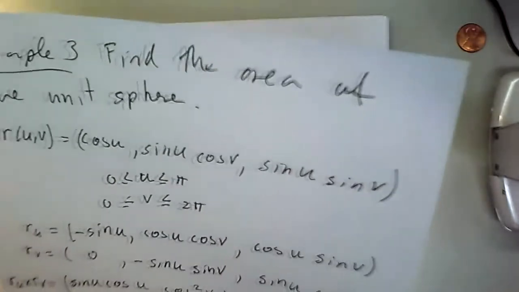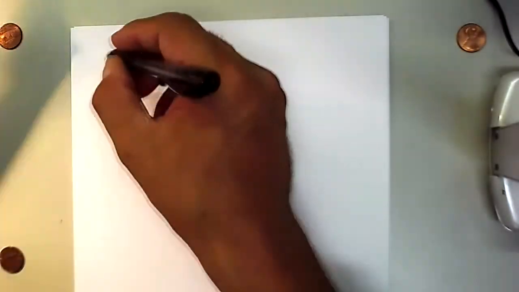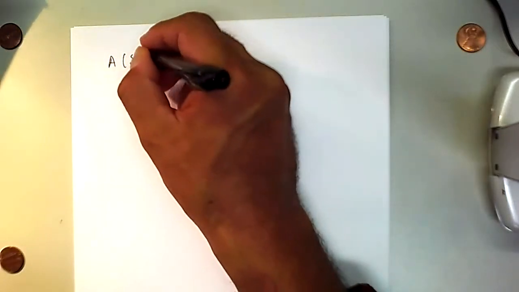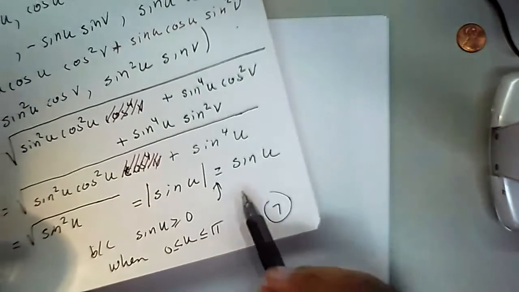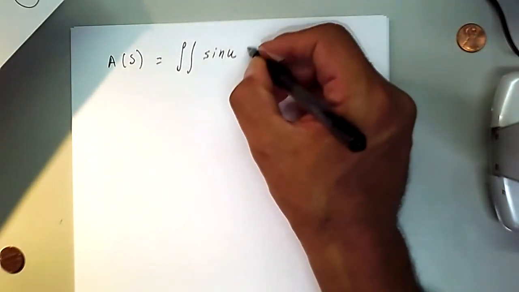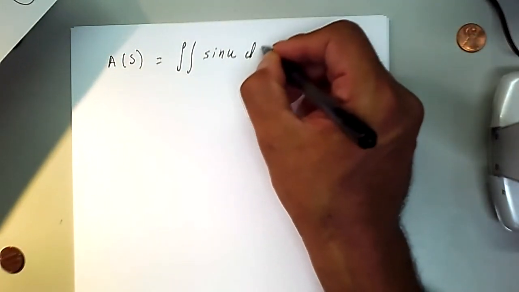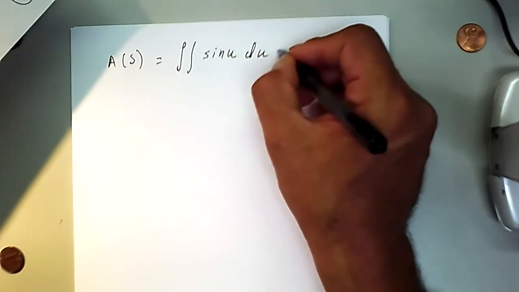So now what? Oh, we want to find the area. So the area of the sphere is going to be the double integral of the sine of u. Does that look familiar? It should look familiar, with respect to the area, so du dv.